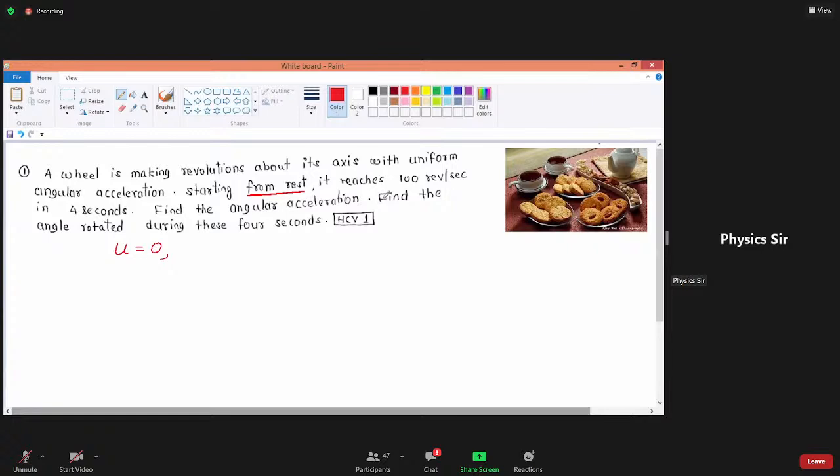It reaches 100 revolutions per second. तो जब हम लोग u लिखता है, इसको हम लोग omega naught लिख देगा, it is 0.